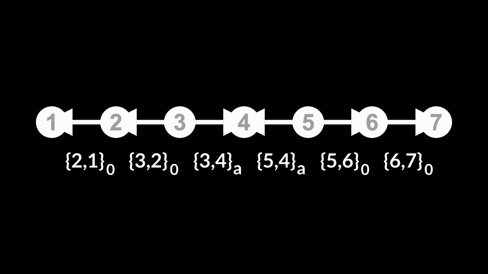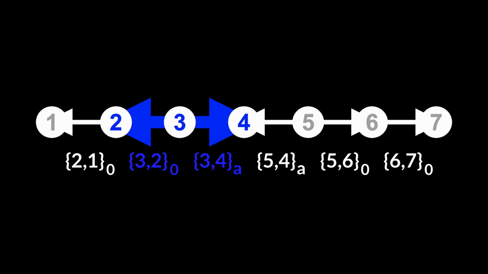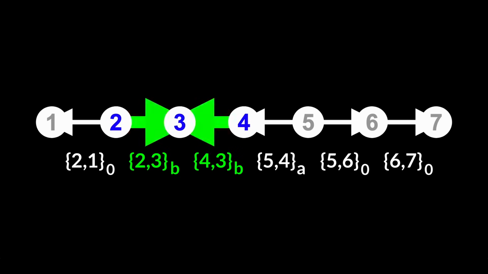If we follow one path through the multiway graph, event B happens. It matches edges 3, 2, 0 and 3, 4, a, deletes them, and creates two new edges. I've labelled these new edges 2, 3, b and 4, 3, b because one is from node 2 to node 3 and the other is from node 4 to node 3, and they've both been created by event B.